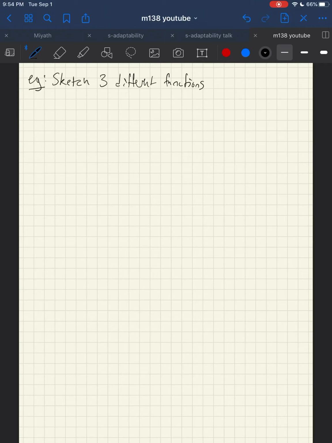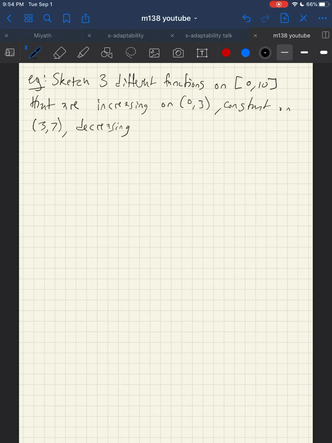Just sketch 3 different functions on the interval from 0 to 10 that are, let's say, increasing on the interval 0 to 3, constant on the interval 3 to 7, and then decreasing on the interval 7 to 10. So this is going to be kind of like that thing that I did earlier. So just take a second and do this. You can pause the video if you want. I'm going to take a sip of tea.